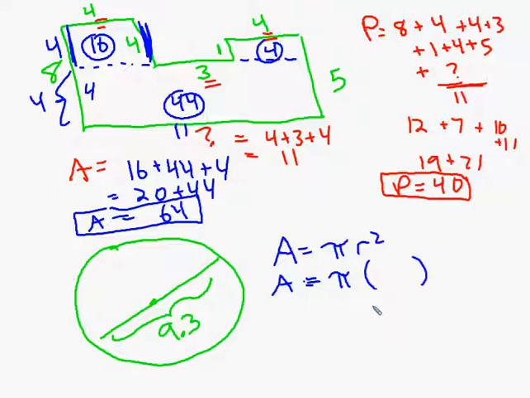I need the radius. 4.65. The radius is going to be half of 9.3, 4.65. So we're going to square that, and we can get that pretty exact. What's 4.65 squared? 21.62.